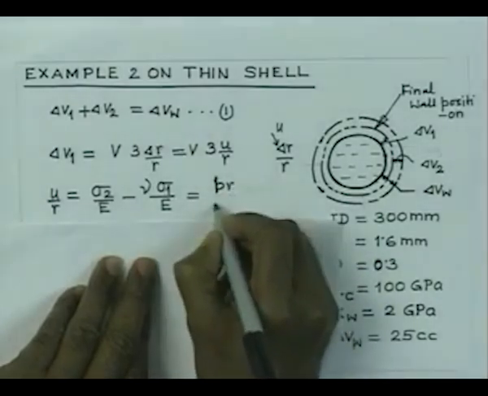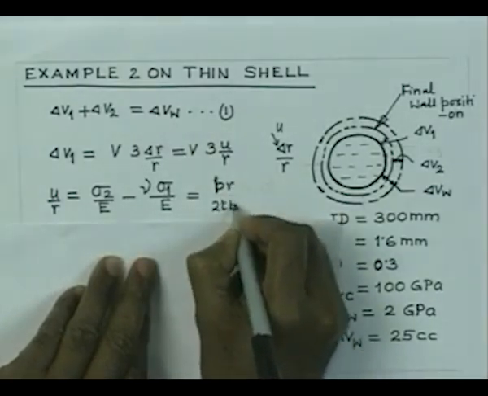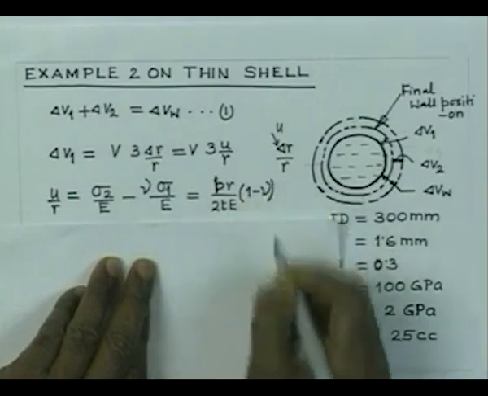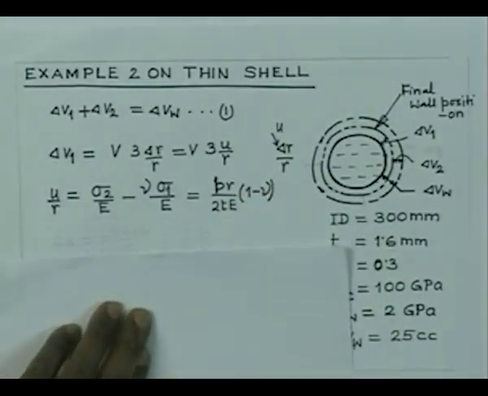So, therefore, PR by 2TE multiplied by 1 minus nu. So, therefore, you got this u.